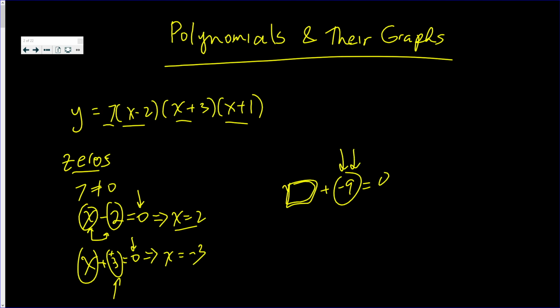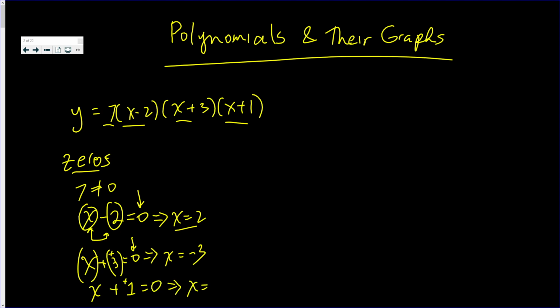That number is negative 9, so that number is positive 9. That's what additive inverses are all about. So, if you have an unknown number and you add 1, which is understood to be positive 1, and you get 0, that's because the other number is negative 1.